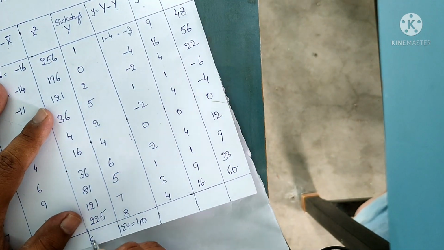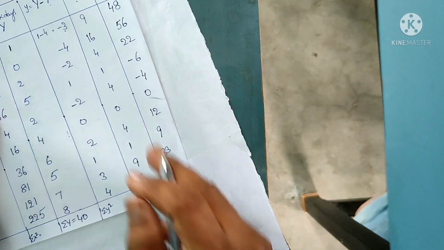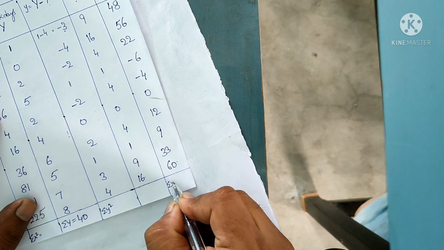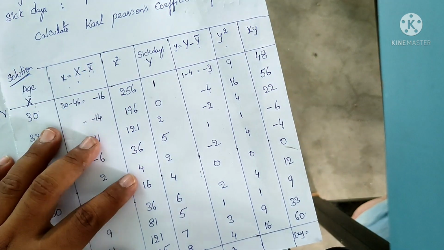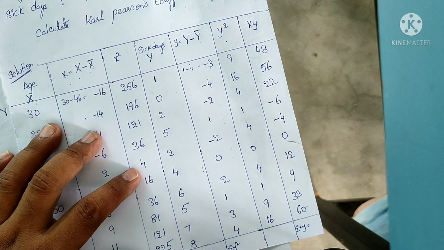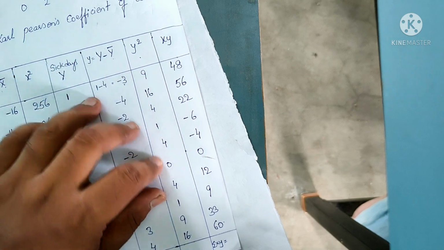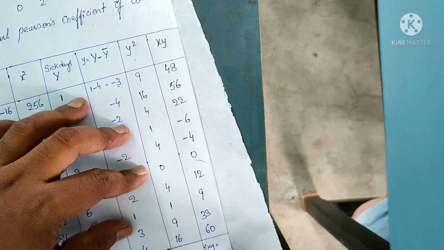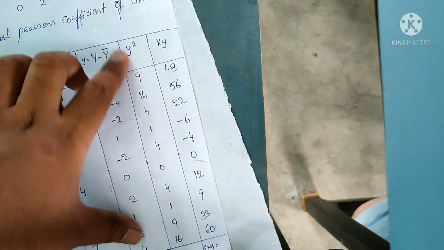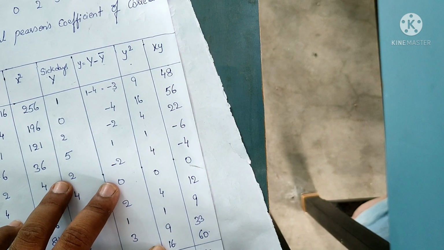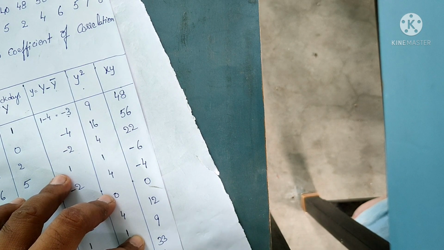Adding 256 plus 196 and so on, we get sigma x square equals 1092. Similarly, adding the y square values, we get sigma y square equals 64, and sigma xy equals 230.